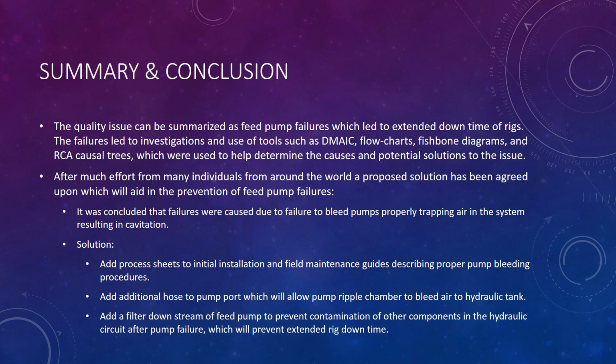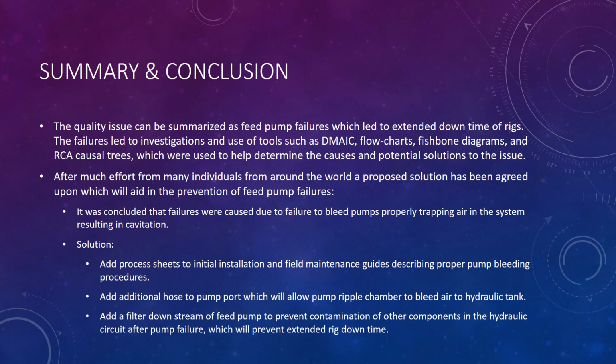It basically talks about the proper way to bleed these pumps out. We're also adding an additional hose to a specific port on the pump, which will help bleed out the air. What we found is that operators simply weren't doing this step. So by adding a hose to this port, it will automatically bleed the pump with no need for anybody to take any additional steps.